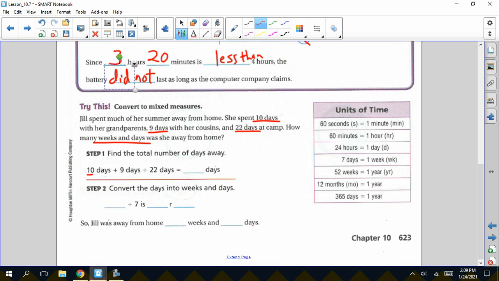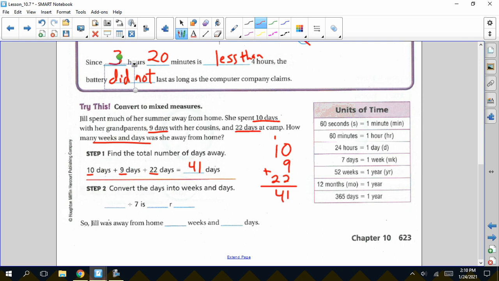We're going to add those numbers up. You could go 10 plus 9 plus 22. 9 and 2 makes 11. 1 plus 1 is 2, plus the other 2 gives us 4. So we know Jill was away from her house for 41 days.